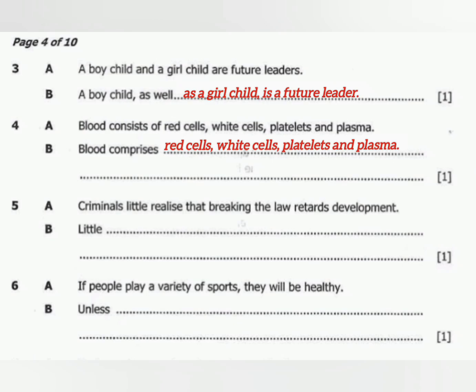Then as for question 5, A, criminals lead to realize that breaking the law retardates development. Then as for B, lead to. If you use lead to here, it's going to sound like this: Lead to do criminals realize that breaking the law retardates development.